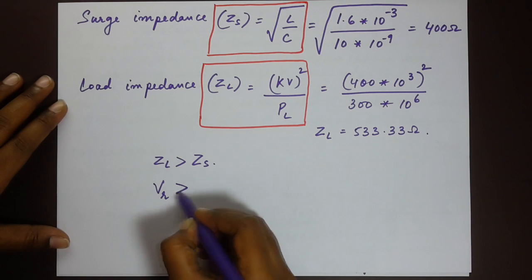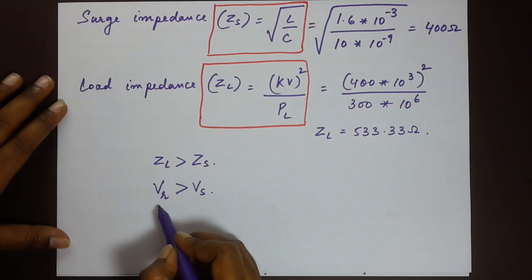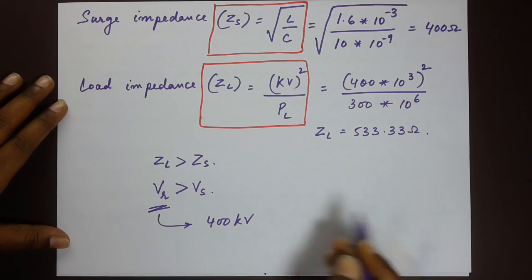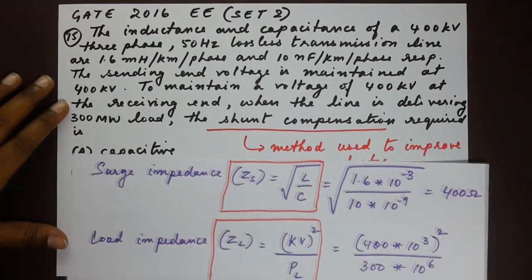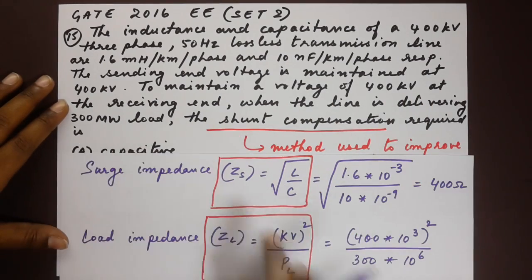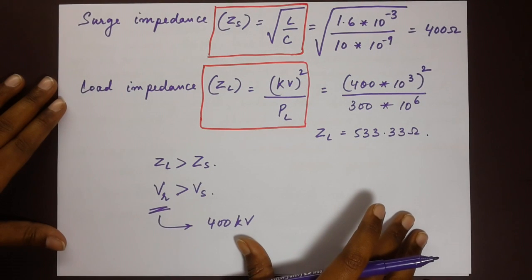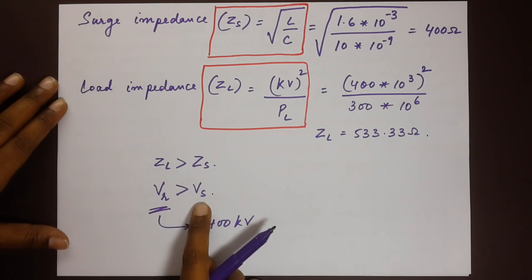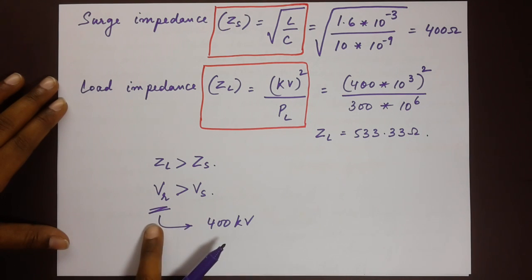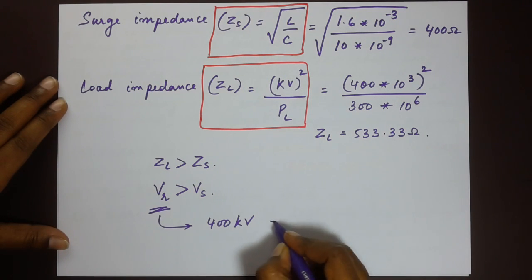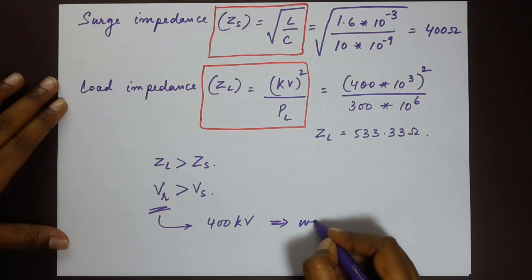So VR is greater than VS. So in order to reduce this voltage and to keep it to a level of 400 kilovolts, that's what has been asked, to maintain a voltage of 400 kV at the receiving end, we would need an inductive compensation.